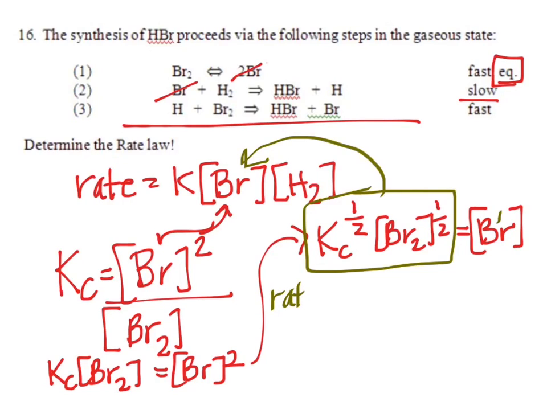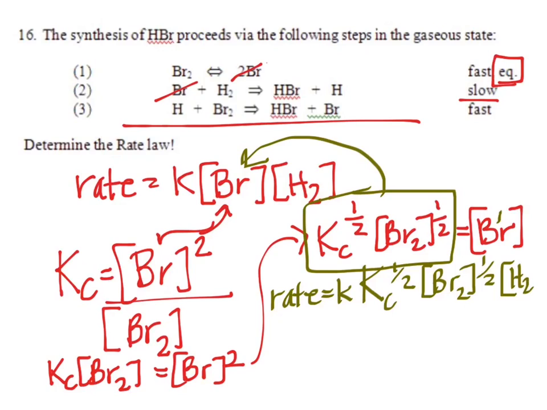So rate is equal to little k times big Kc to the 1/2 times Br2 to the 1/2 times H2. And then clean it up further and say that rate is equal to K prime.